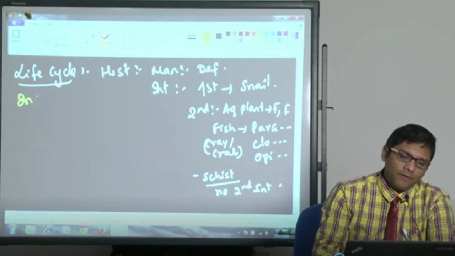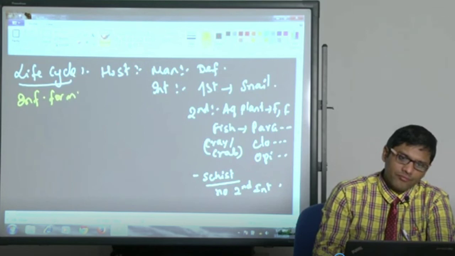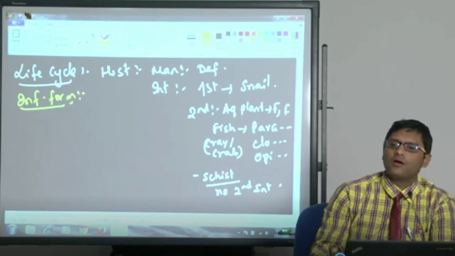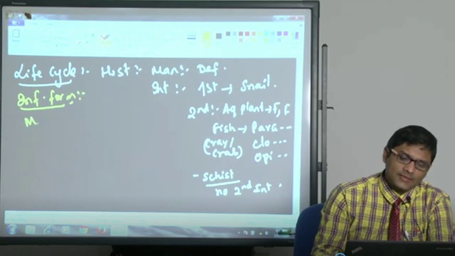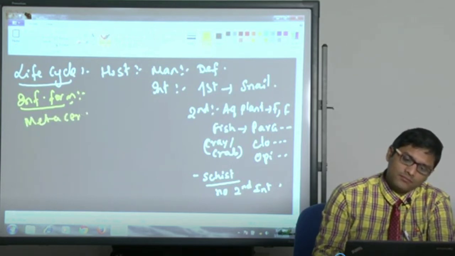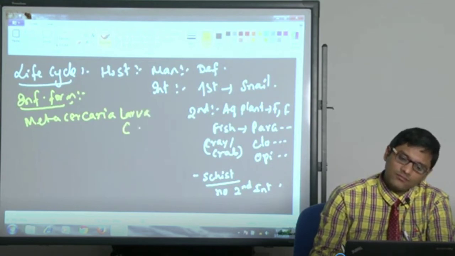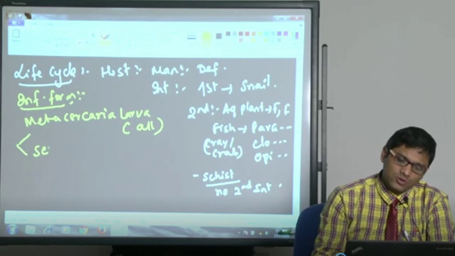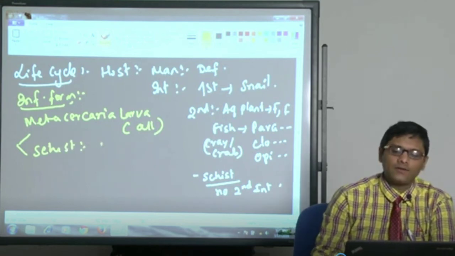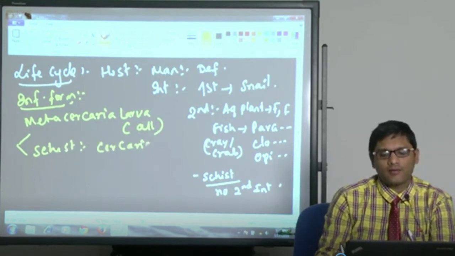The infective form is the metacercarial larva for all, except schistosome, where the infective form is the cercarial larva.